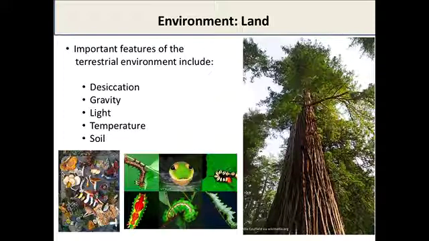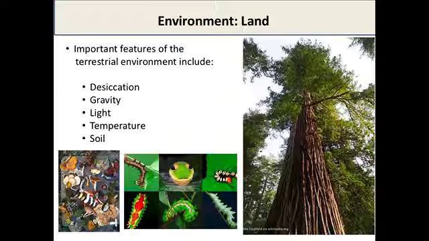Initially, we're going to discuss this in terms of five traits or five characteristics of life on land, which plants and animals have to be adapted to, which determine the types of plants and animals that can exist in an area. First of these, desiccation, we'll talk about in a minute.